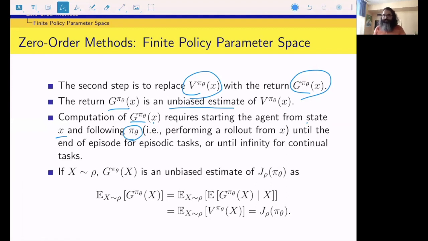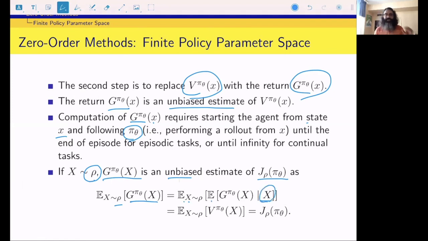Okay, so if we do this, again, g of pi of x, when x is coming from distribution rho, is an unbiased estimate of the performance measure because of these identities. We take the expectation of g of pi with respect to x coming from rho. We do conditioning over x, so we write it as expectation over x and then expectation conditioned on x.